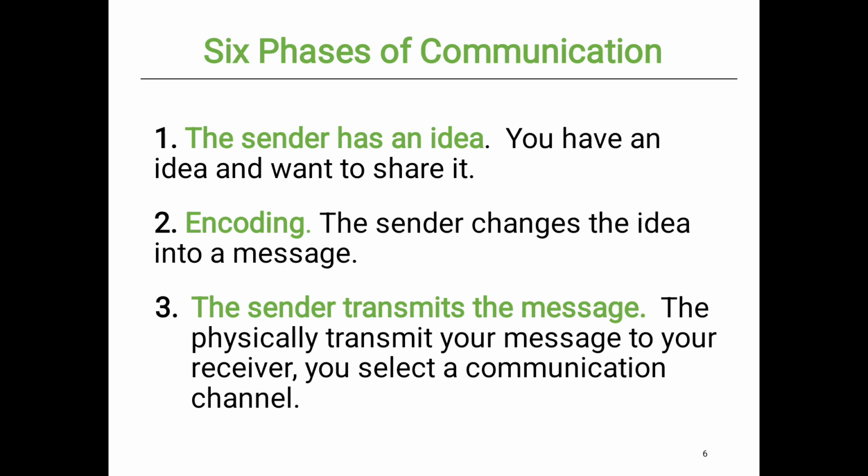Then comes the sender transmits the message. In this, the sender is selecting the channel, and the sender is free to choose one channel out of many options, and that person is transmitting the message. So the physical transmission of your message to your receiver, you select a communication channel.